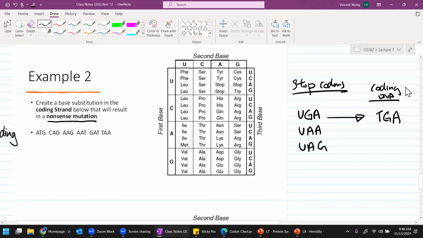What's the relationship between coding and mRNA? They are the same, except the T and the U switch, right? So that's going to be TGA. What about UAA? What would it be? TAA, right? Okay. And the last one, please.